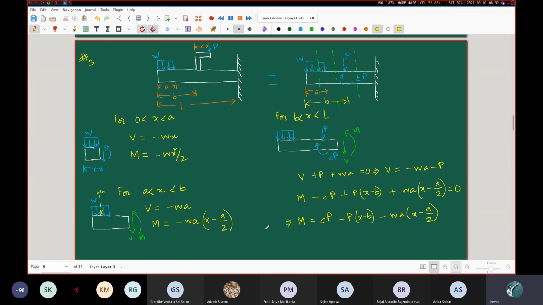In both the second part and the third part, we have this linear dependence on X, but in the first part it was quadratic dependence. However, there is a difference in the y-intercept of this M expression.